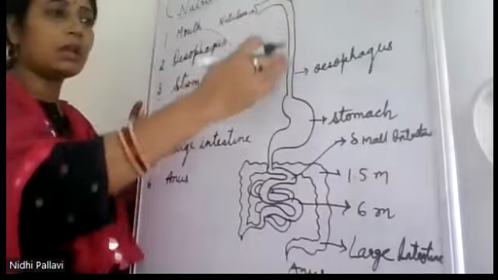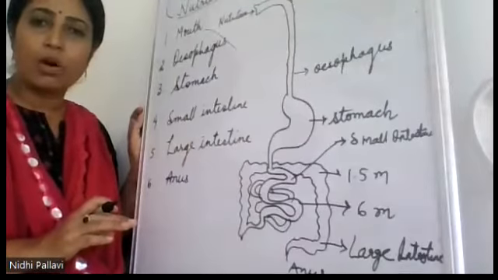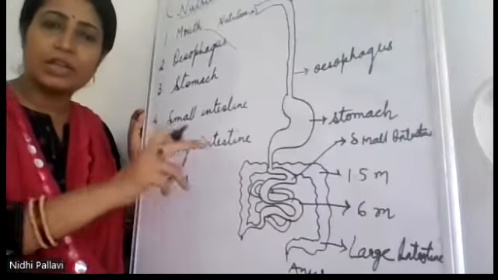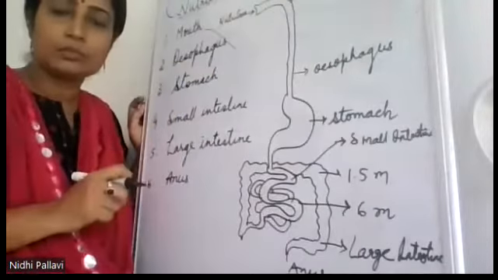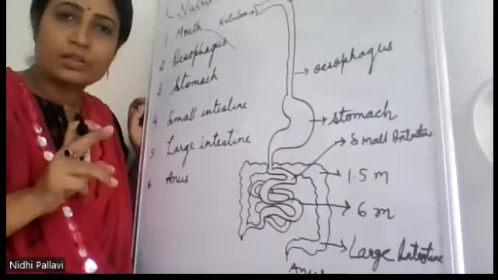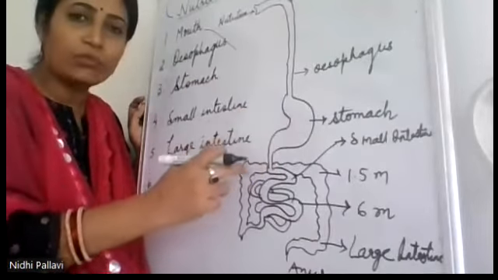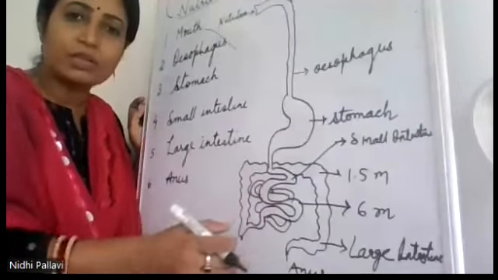So these are the organs which are involved in the digestive system. In digestion, we start with ingestion, then digestion, and with digestion, what happens? Absorption takes place, and after absorption, what is there?